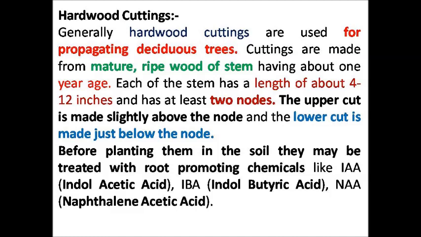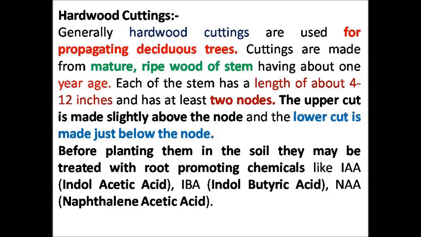Each stem has a length of 4 to 12 inches and has at least 2 nodes. The upper cut is made slightly above the node and the lower cut is made just below the node.